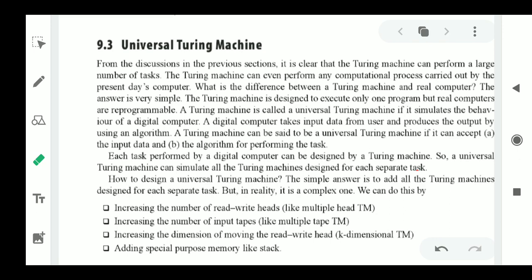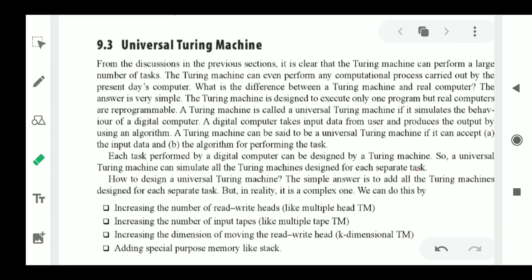Let us consider we design a Turing machine which can perform the multiplication operation. That will be restricted, and that Turing machine will only perform the multiplication operation. Like that, a Turing machine can be designed only to perform a particular task.